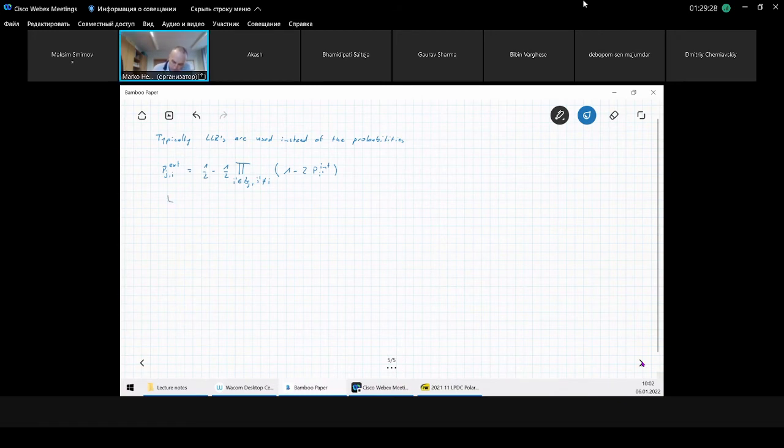So again, this is the probability that a 1 at bit node I causes check node J to be 0.